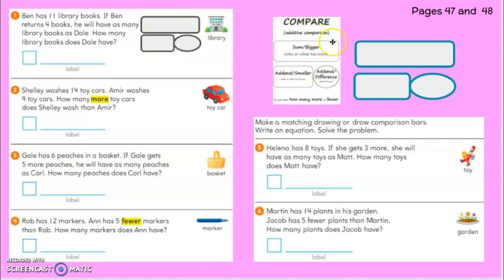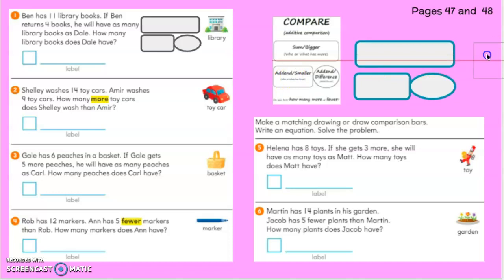We need that bigger part for the one that has the most, the smaller part for who has fewer, and how many more or fewer goes in the oval or circle part. And these aren't necessarily to size. This isn't necessarily a smaller number just because it's a smaller circle in the compare bar. It's not necessarily to scale or anything.